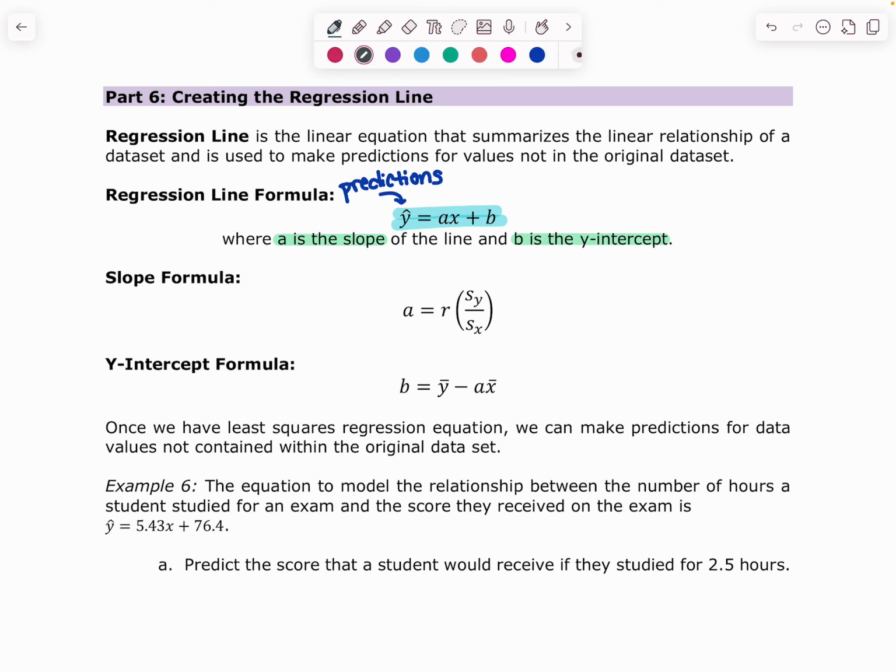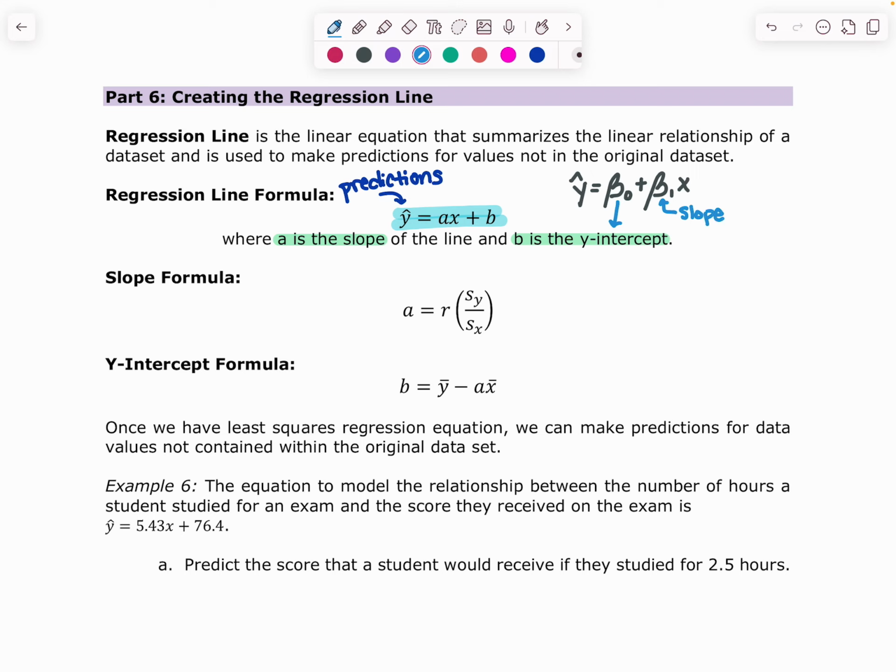You might also see equations that look like this. Y hat equals this funky looking B with a 0 plus another funky looking B with a 1, and then that is multiplied by the X. In that case, this B with the 0 is the y-intercept, and this B with the 1 is the slope.